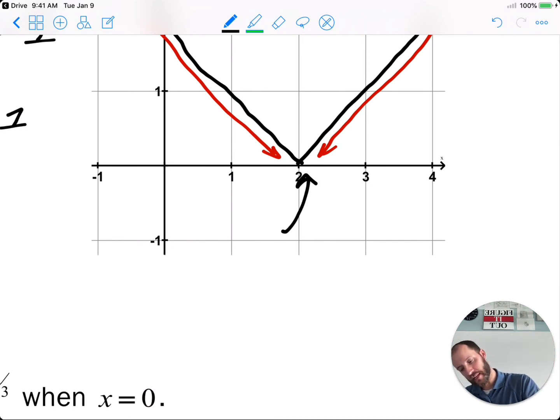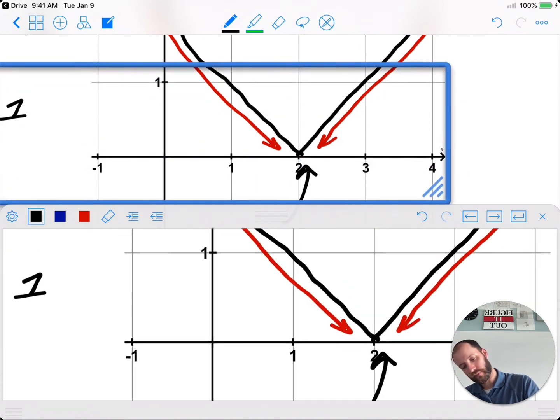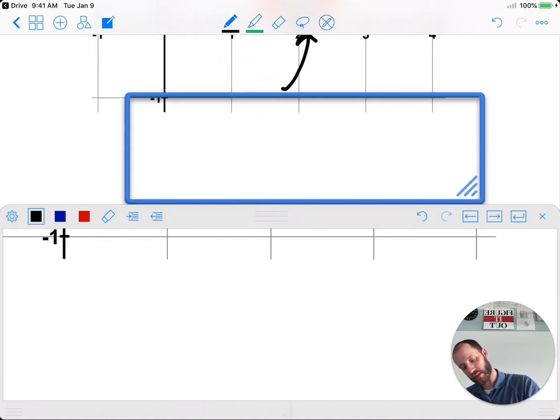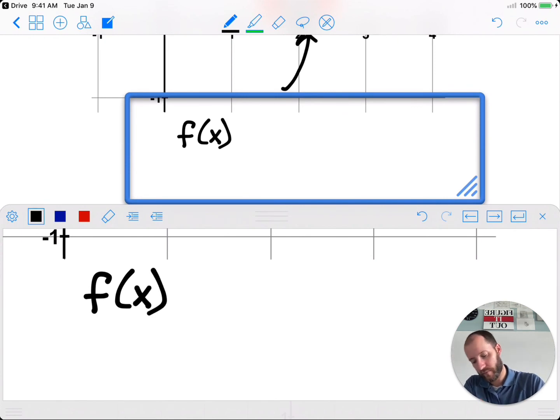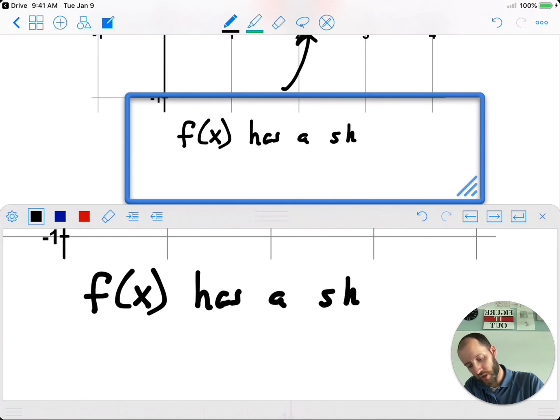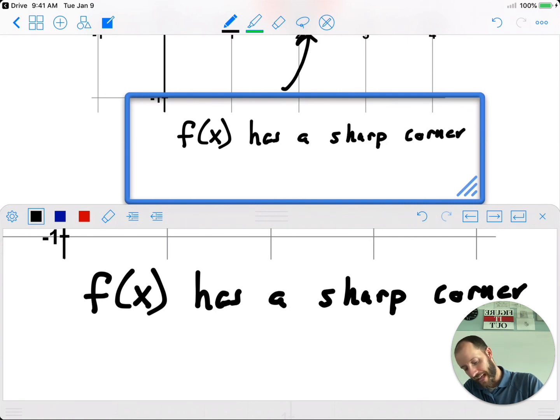So we say f of x has a sharp corner at x equals 2.